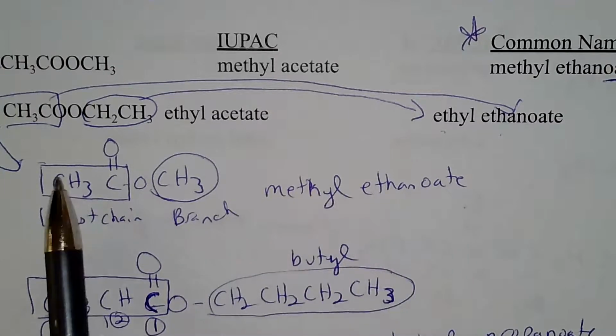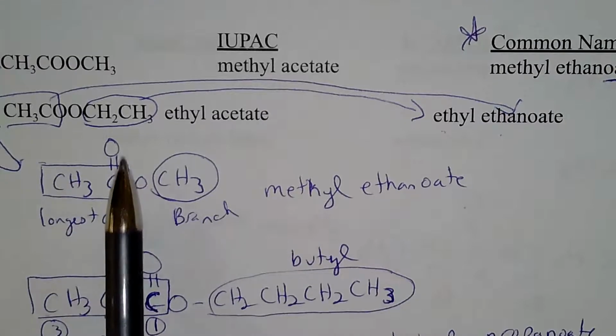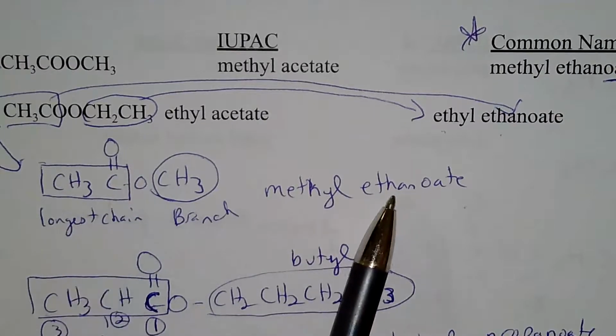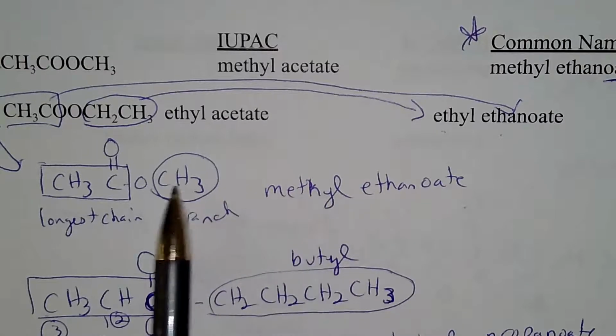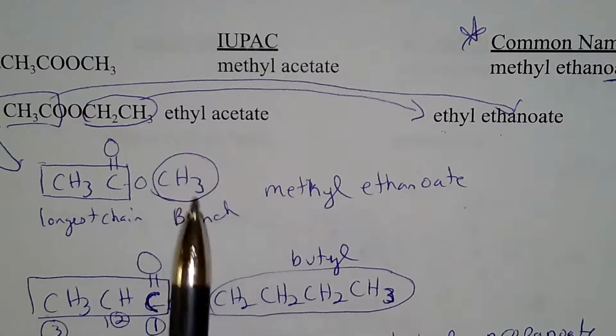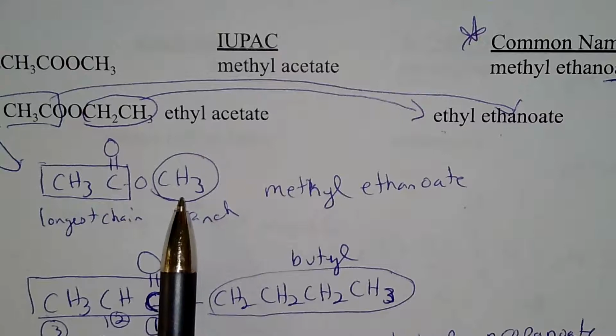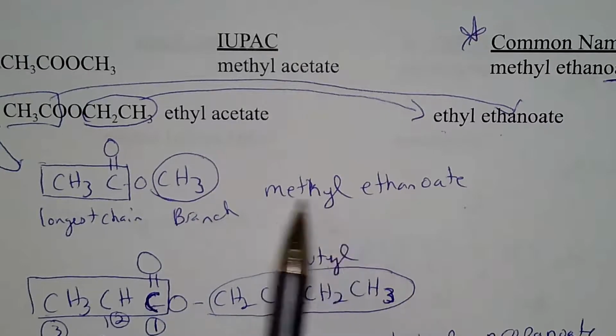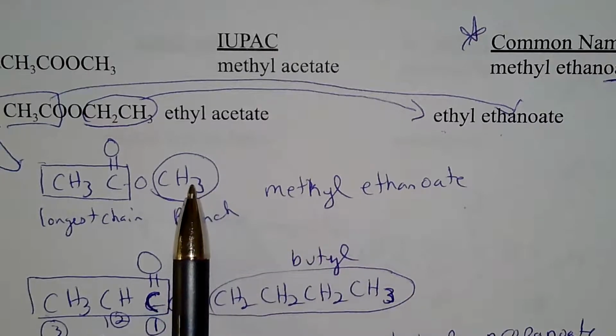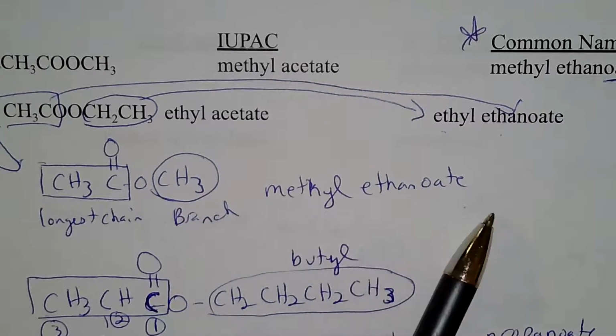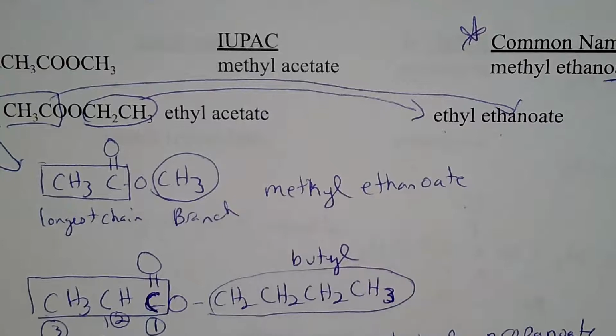I am naming whatever is the C double bond O with that ending. Then whatever is attached to the oxygen end is considered a branch. I'm going to call that a methyl because I have 1 carbon there attached to the oxygen. So it's called methyl ethanoate.